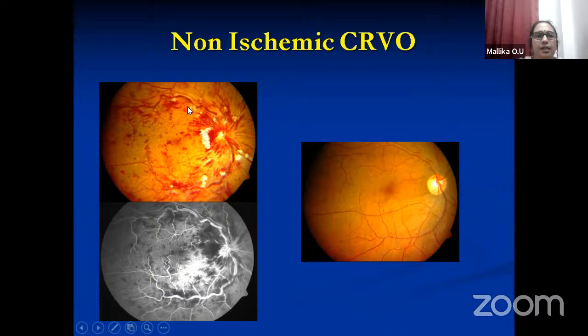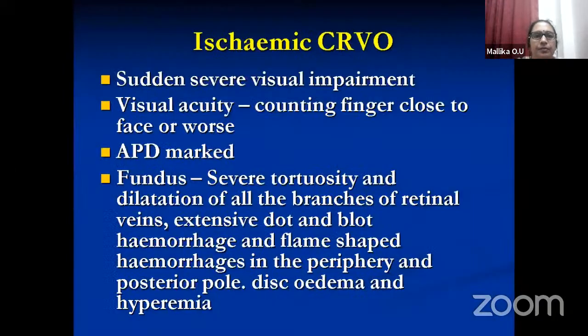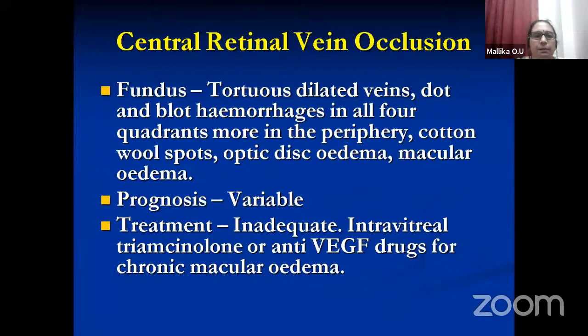And you can see the retinal veins are very much dilated and tortuous, and you can see plenty of flame-shaped hemorrhages, which starts from the disc margin extending well up to the periphery beyond the equator. And you can see so many exudates, that is yellowish, white fluffy lesions. They are called as soft exudates. So that is a fundus picture in non-ischemic CRVO.